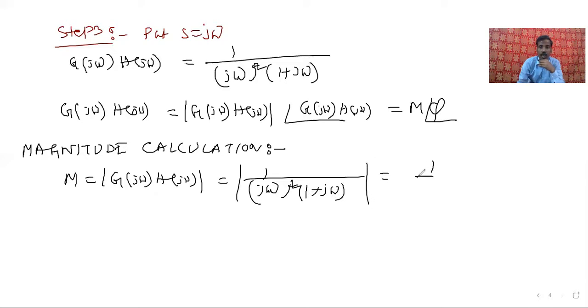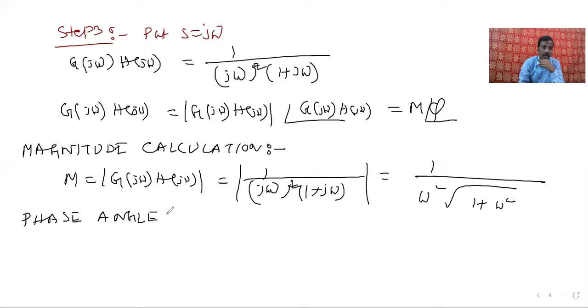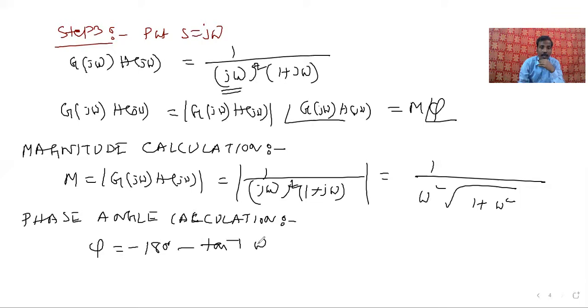This is equivalent to 1 by omega square root of (1 plus omega square). Phase angle calculation. What is the phase angle? Phi equals minus 180 degree for this term and minus tan inverse (B by A) omega. This is the phase angle.